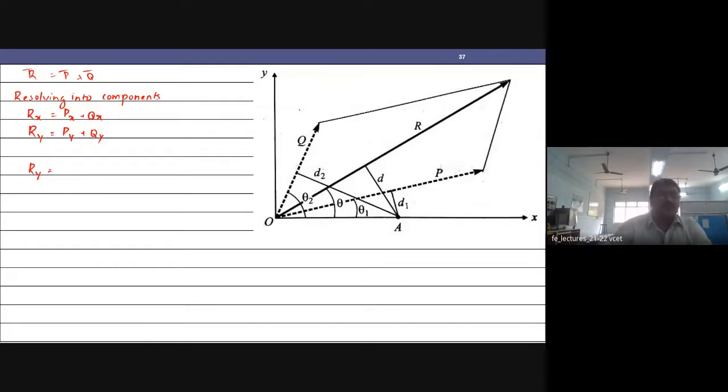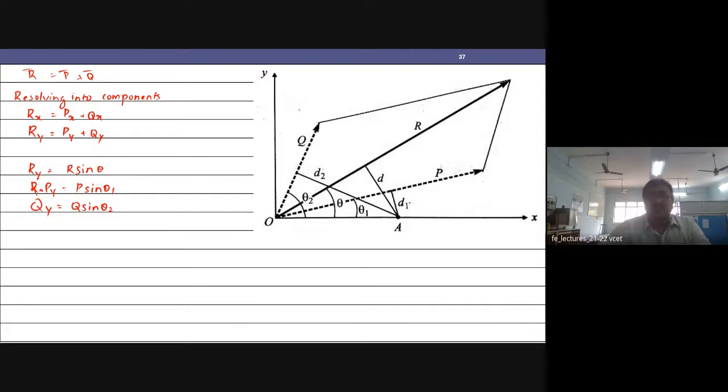So I have Ry, which is equal to R sine theta. Then Py, which is P sine theta 1, and Qy, which is Q sine theta 2. Now, for the moment of the force Py, what is the perpendicular distance through which it acts?